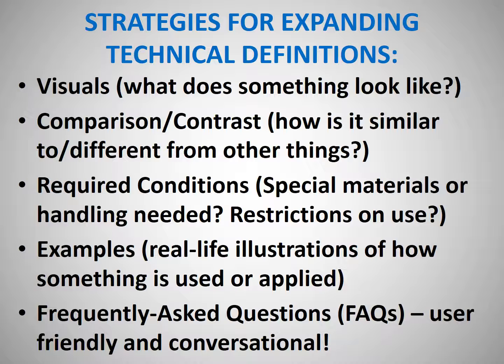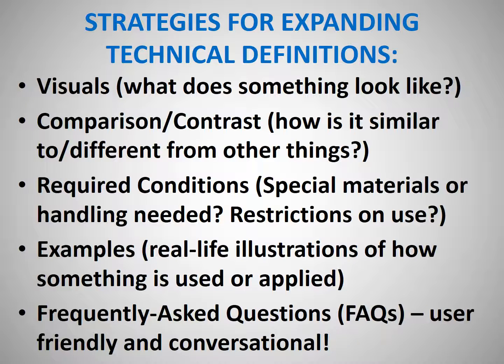Examples. A great way to define is by giving your reader a real-life illustration of how something is used or applied. And then finally, and very popular, frequently asked questions. This really requires you to think about your audience. What is my audience most likely to be confused by?